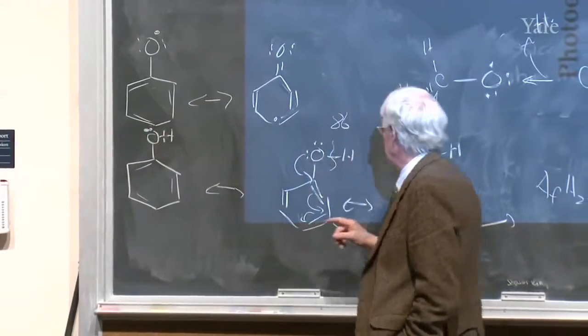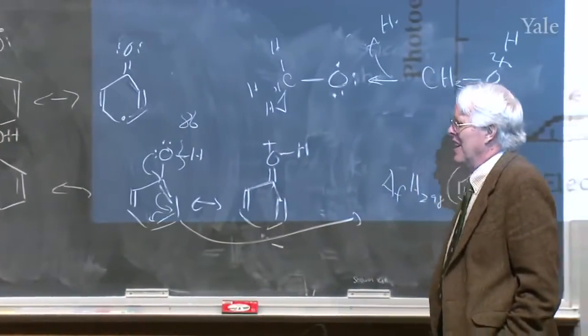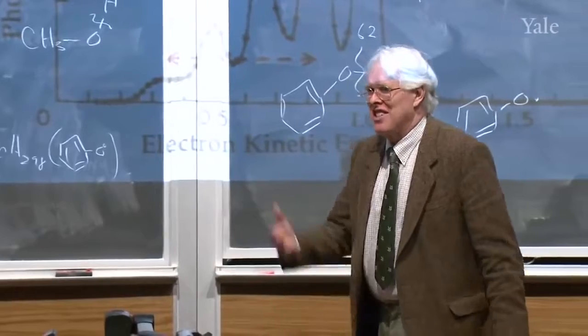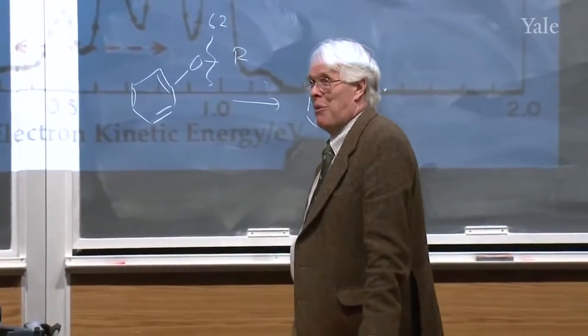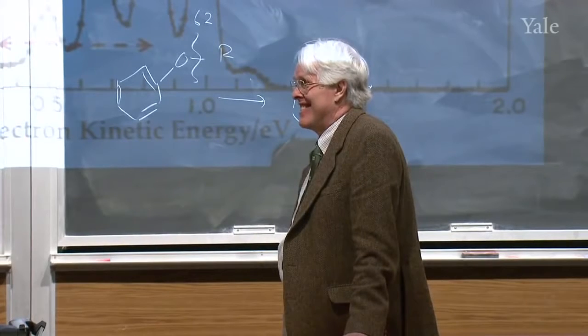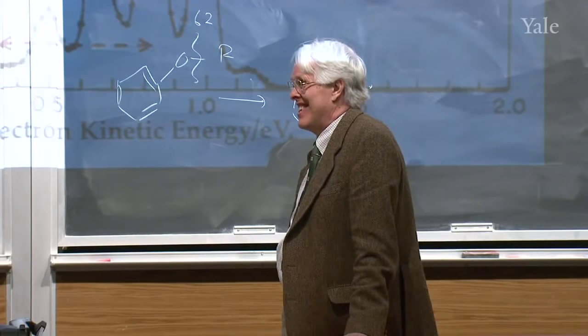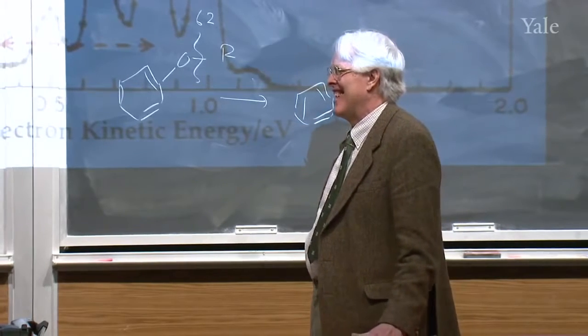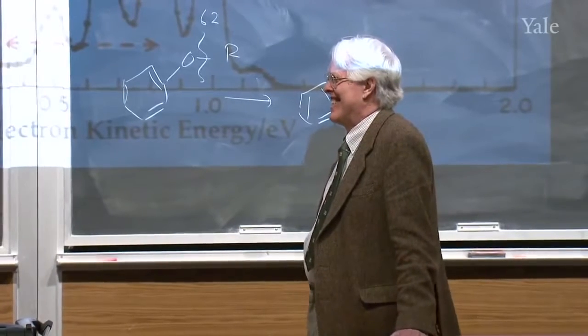So Barney says it's because he doesn't like to separate charge in resonance structures. But is this Coulomb's law or what? Anybody got an idea? Coulomb's law is what it is.